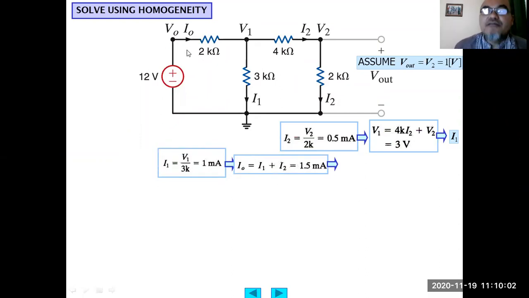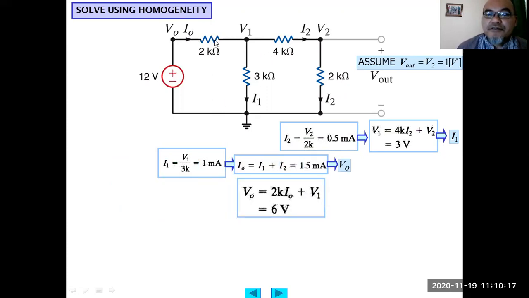From here we can calculate V0. V0 equals I0 times 2 kilo ohm plus V1. 2 kilo ohm times 1.5 milliampere is 3 volt, plus V1, which is 3 volt, so V0 is 6 volt.